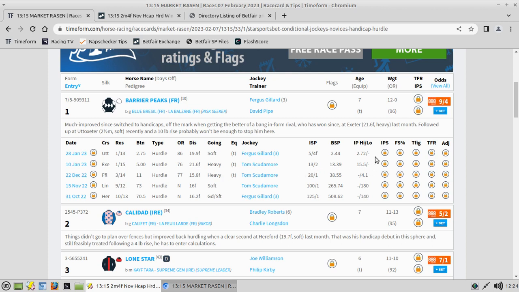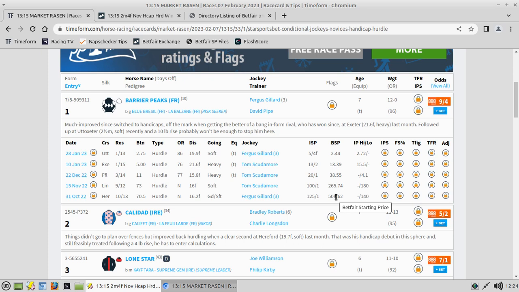Now all we're going to do here is look down these 2 columns, and check the Betfair starting price against its lowest in running price. If there's a dash there, that means that the horse won, as you can see confirmed by the result here, first out of 13 runners. So all we do is look down here. I wouldn't necessarily advocate looking at more than its last 5 runs.